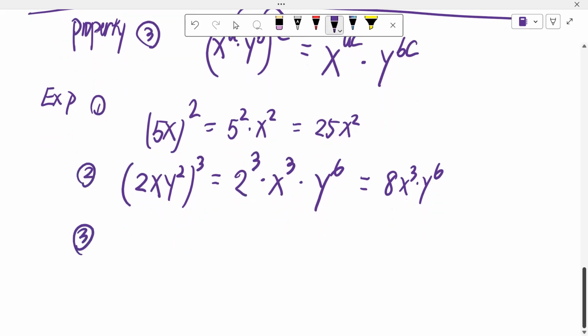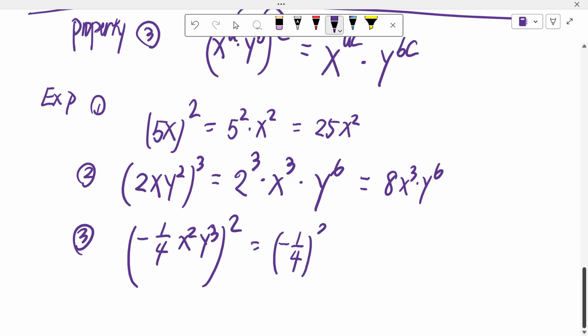And the third one, let's see. What if we have something like negative a quarter x squared y cubed to the second power? Again, we apply this property. So distribute power 2 to negative quarter first, and then x squared to the second, y cubed to the second.